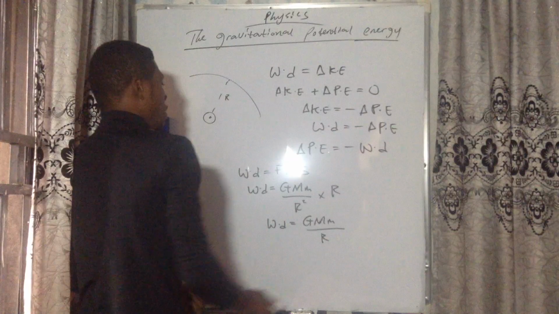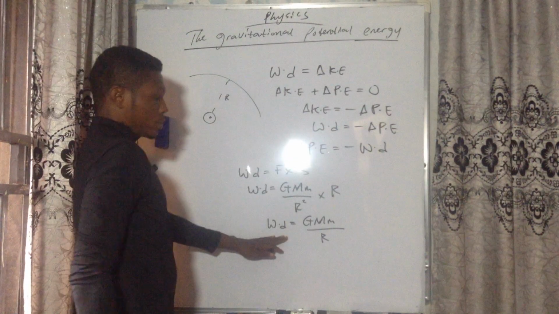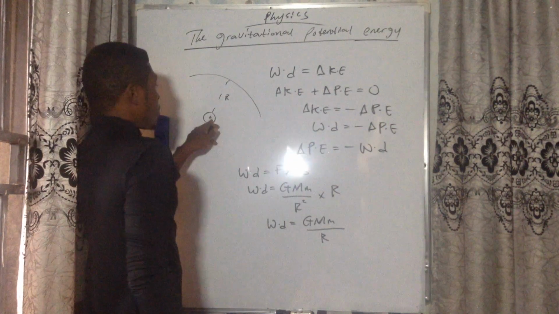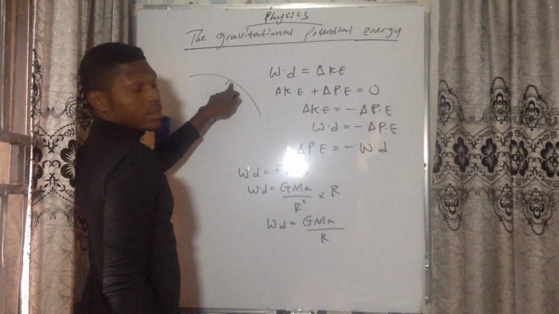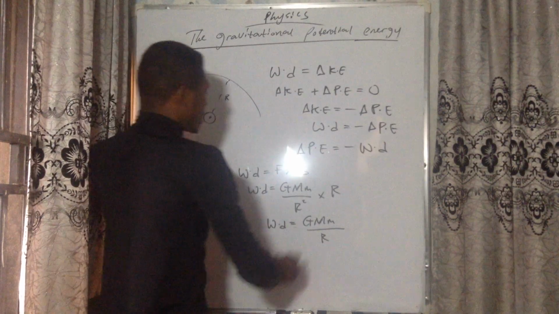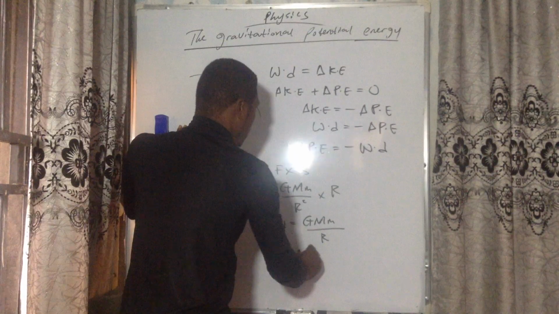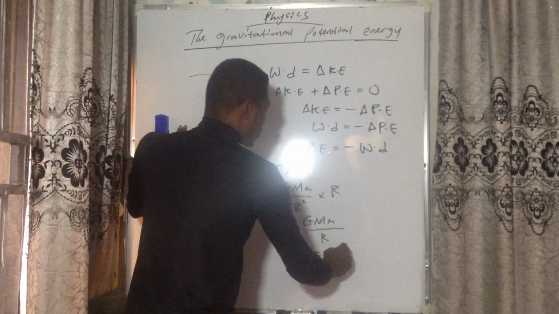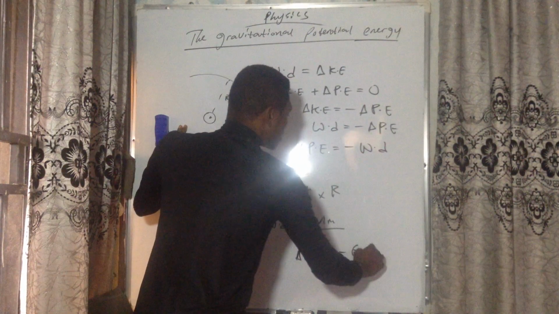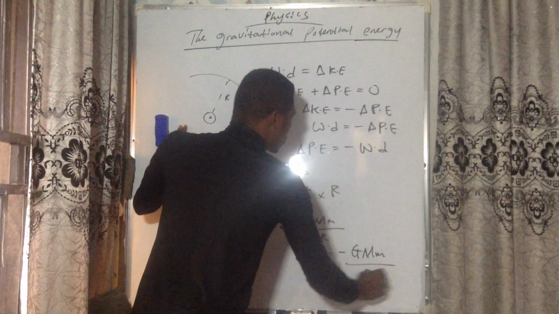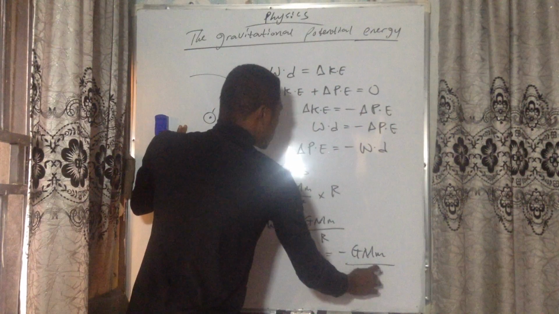So therefore, since we have gotten the work done in taking a mass from here to here, the negative of the work done, that is the change in potential energy, is equal to what? Minus G mm over R. You see? So this is it.